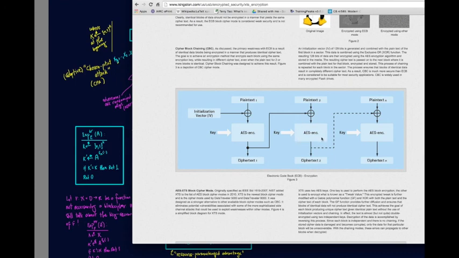Let me say that again. We want to say that the security of the encryption scheme as a whole reduces to the security of the underlying block cipher that's being used.